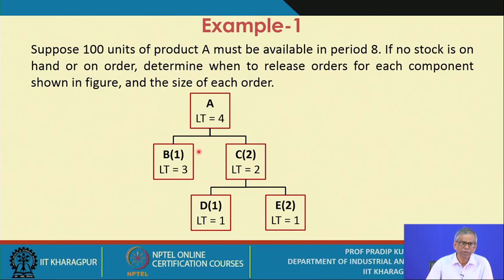So given a particular product, you will have this specific information. Now in order to manufacture C, what do you require? You require item D and item E, and to produce 1 unit of C, you need 1 unit of D and 2 units of E.